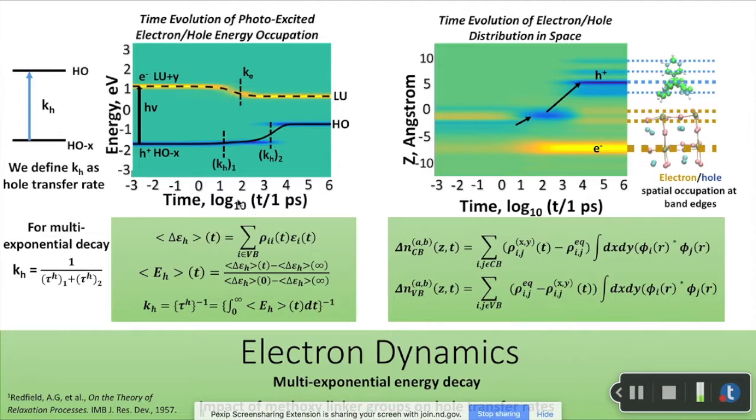And in the case of multi-exponential decay, which we see in this figure, we just take the 1 over the sum of the lifetimes for each state. And then the right-hand side shows the time evolution of electronic occupations in real space, so basically projections of orbitals onto the z-axis.